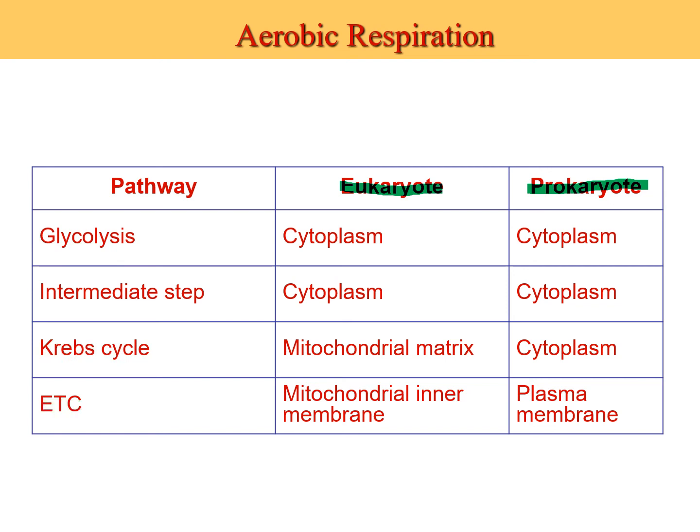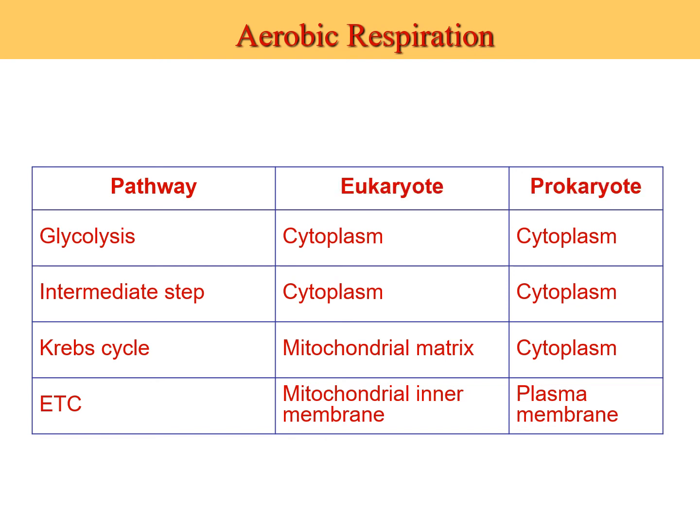So if I said earlier that the electron transport chain is in the inner membrane of mitochondria, I was talking about eukaryotic cells. If it was a bacteria, it would be right at the single membrane, the surface cell membrane.